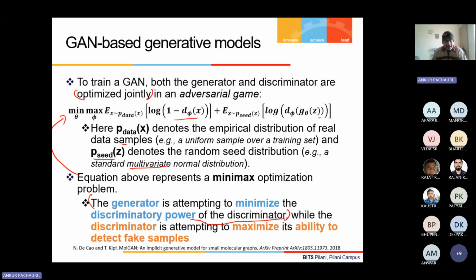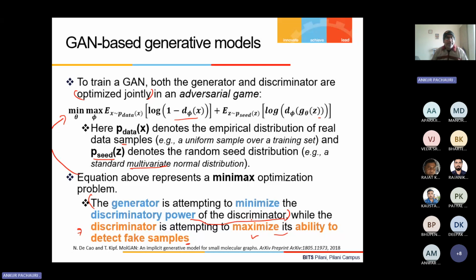While the discriminator, the second part of the model, is attempting to maximize its ability to detect a fake sample. So it wants to be perfect in detecting the fake samples. Even with a small difference, the discriminator should be able to identify whether this is real data or fake data.